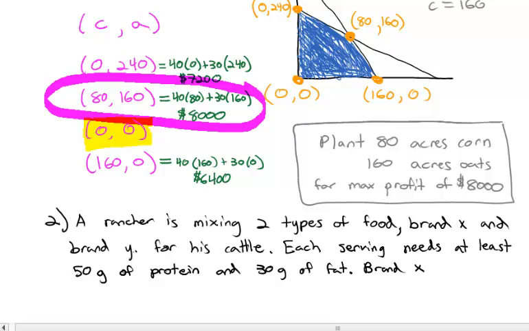Brand X has 15 grams of protein and 10 grams of fat.